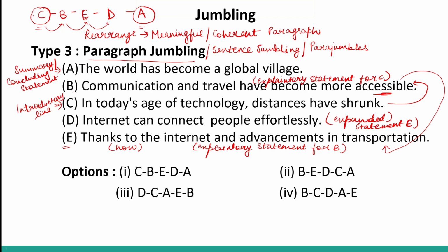So always start by finding the introductory line and the concluding line if you can. Some paragraphs do not have a concluding line. In that case, we'll just sequentially and logically follow the sequence of expanding upon or explaining the previous statement. So our answer will be option number 1, CBDA.